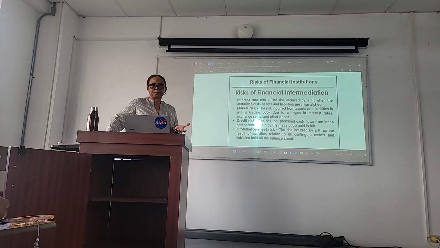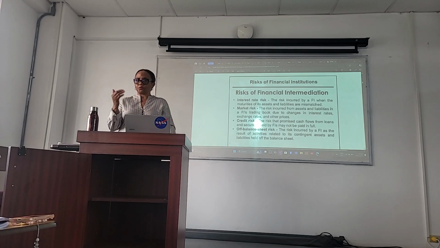What is that? We know that banks have their assets, so what? A bank's assets include what? Loans, okay? Securities, right. Their liabilities include what? Deposits. And so we know that banks are in the business of taking deposits and giving loans, right? But banks also invest in securities. Banks also trade foreign currencies. Banks also trade in futures and options.